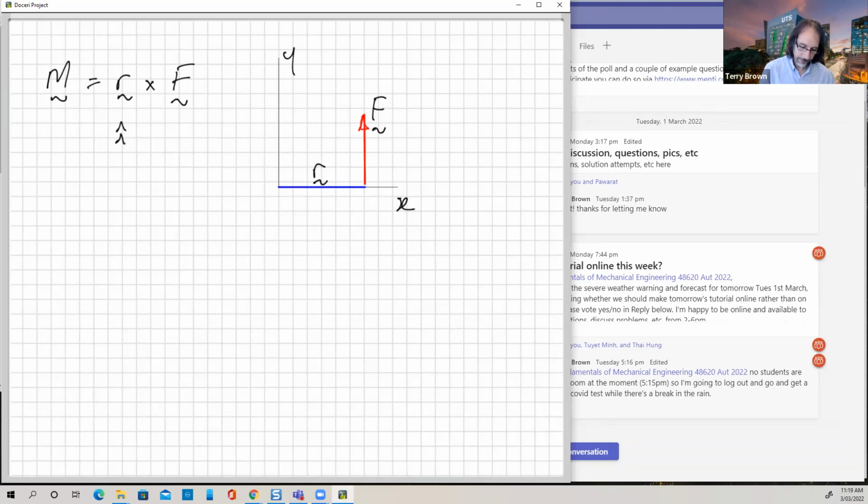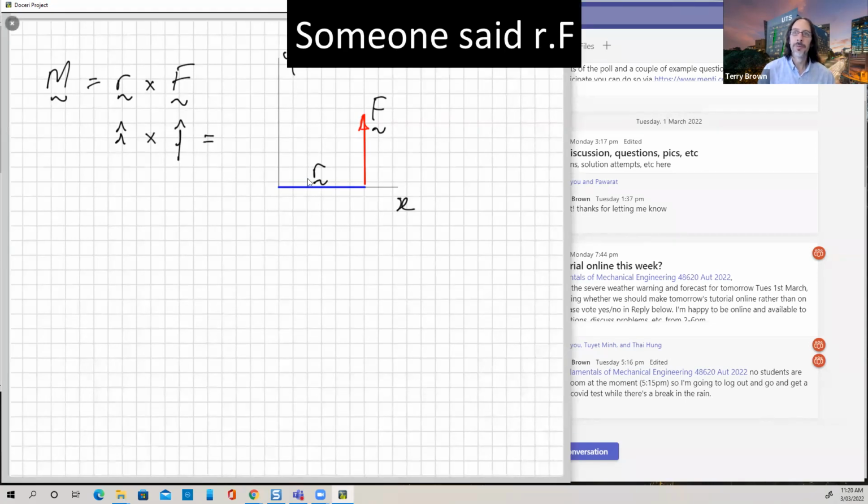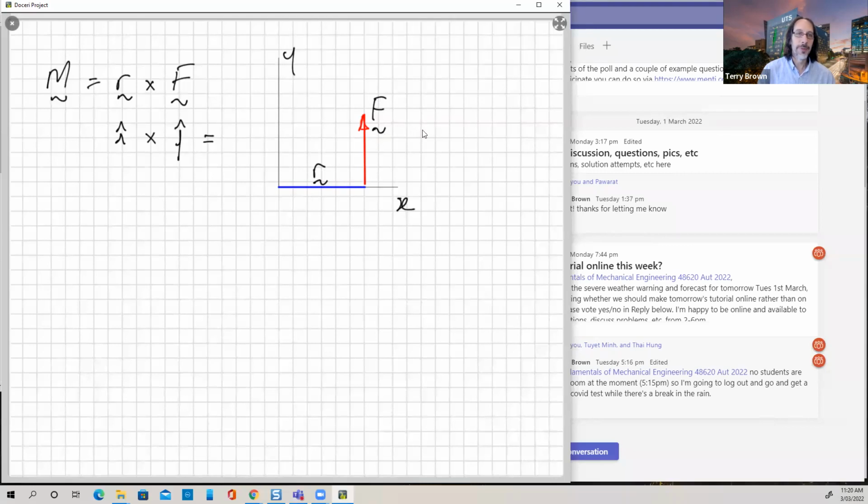So this is I, and what's the vector direction for F? J, good. All right, so if I do I cross J, what do I get? R times F will give me the magnitude of the vector, but what's the vector direction if I do I cross J?